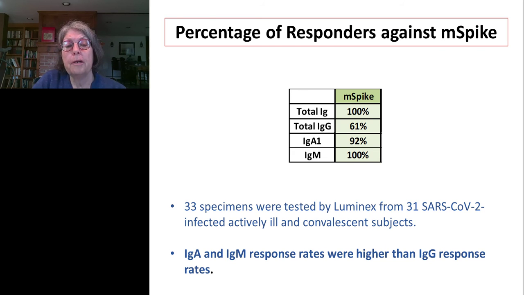Now, you cannot compare the levels of antibodies, isotypes, using different anti-IgG, IgA, and IgM.